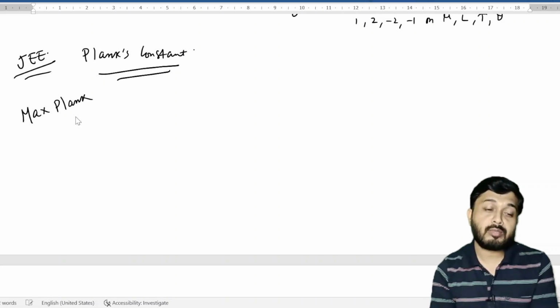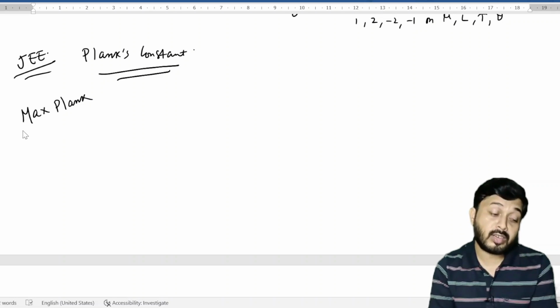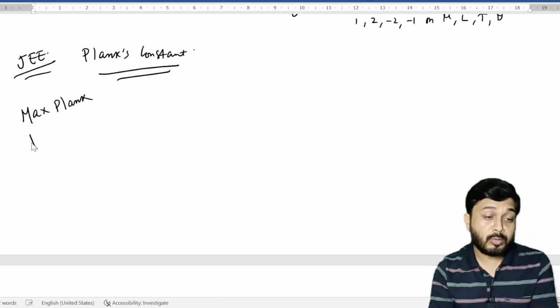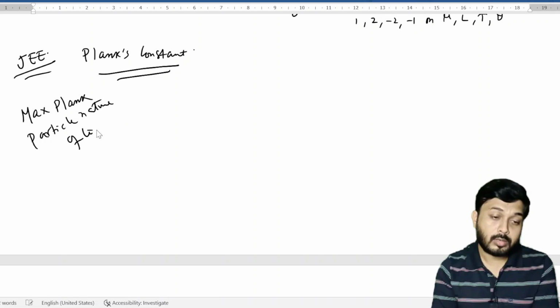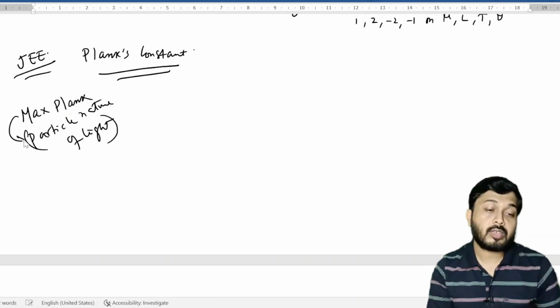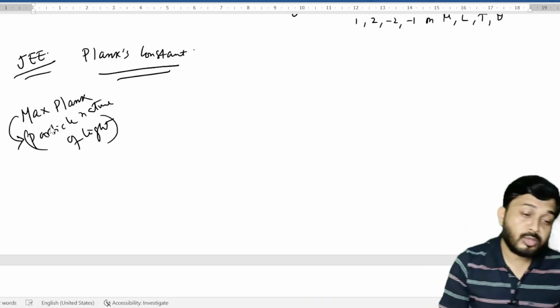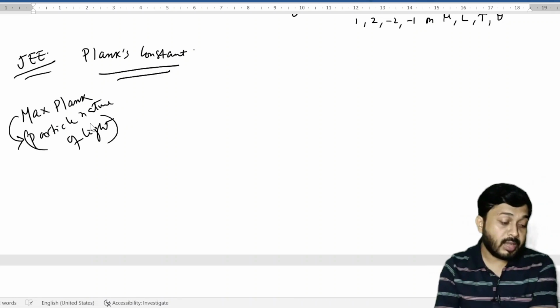You may or may not have heard his name. That is a major contribution of this great scientist Max Planck.